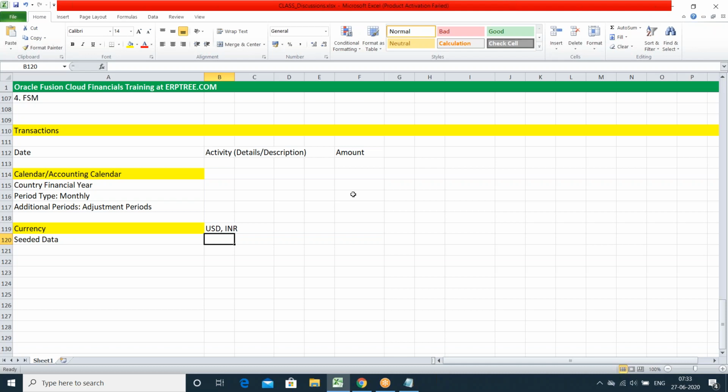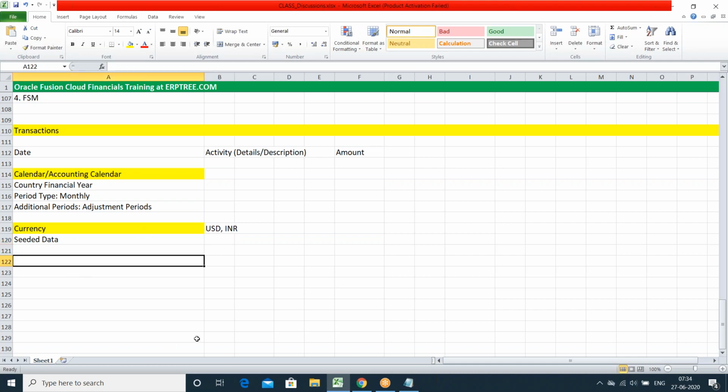Currency also falls under seeded data, so we are not going to create any currencies. We get currency information in the Fusion applications as seeded data. This is the point we have to understand.